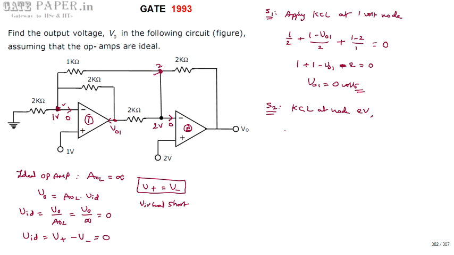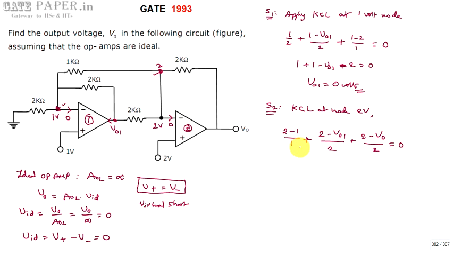From this you can write (2 minus 1) by 1 kilo ohm, plus (2 minus V01) divided by 2, plus (2 minus V0) divided by 2 is equal to 0.